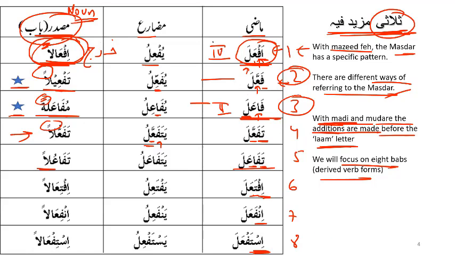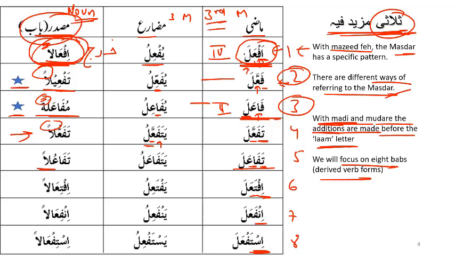Another side remark here, all these fail madi and mudare that I'm showing you here are third person and masculine. So af'ala is third person masculine, yuf'ilu is third person masculine. Obviously yuf'ilu is fail mudare, which means present / future, and af'ala is fail madi, which means past tense.